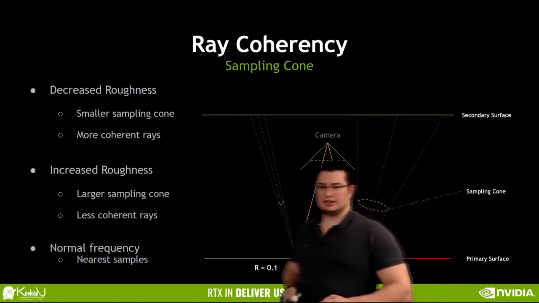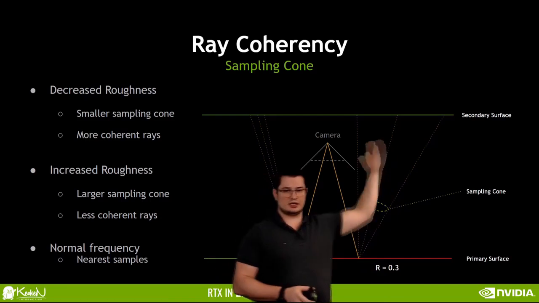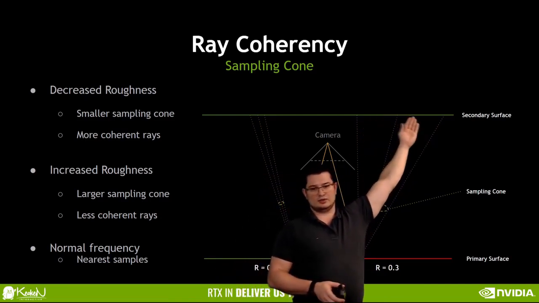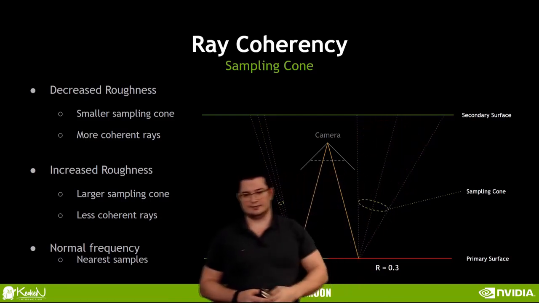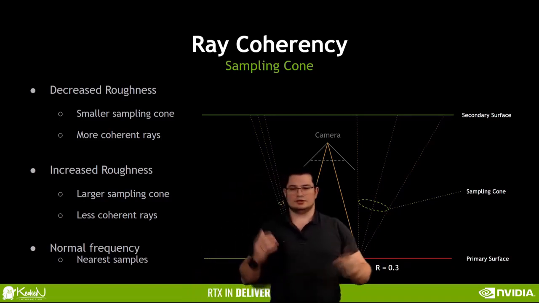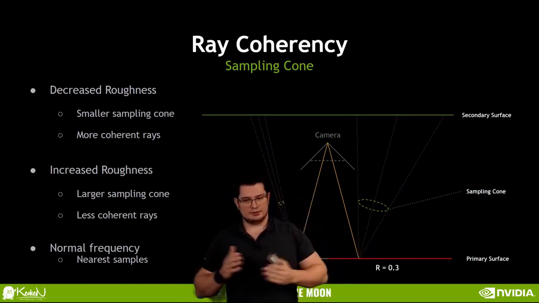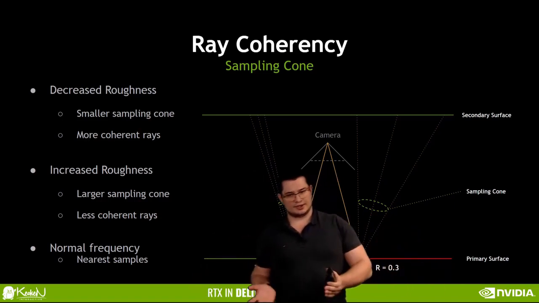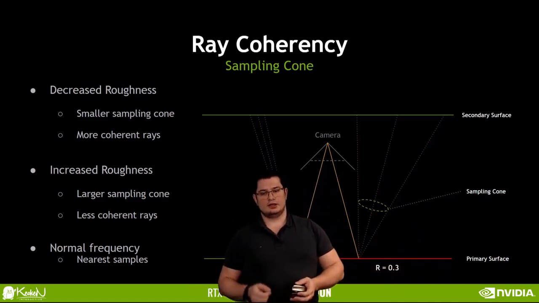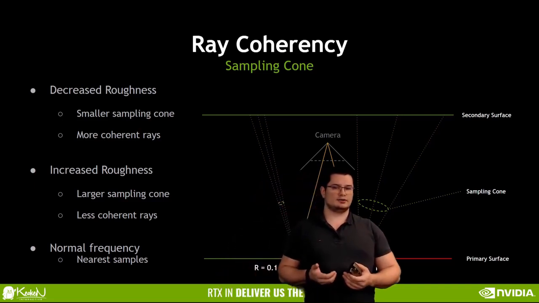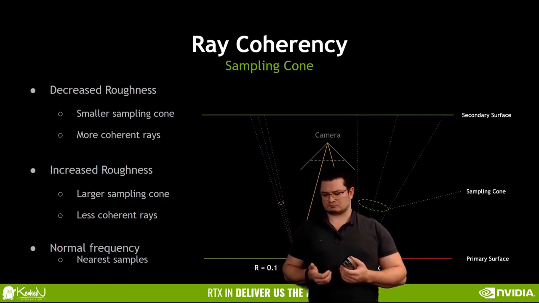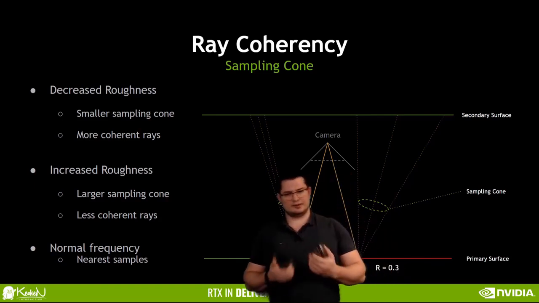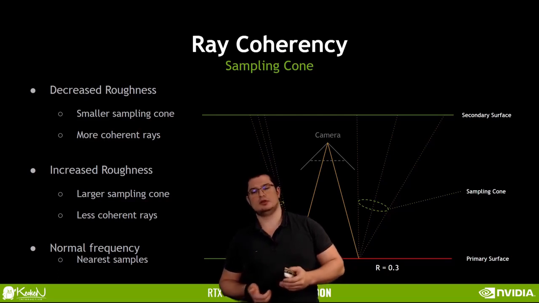This means that every time the ray is hit, it is somewhere in that cone and it will intersect somewhere in that geometry. So the smaller the sampling cone, the better ray coherency. The larger sampling cone, the worse ray coherency. Normals are also related to this, but to the neighboring pixels and not the same sample.